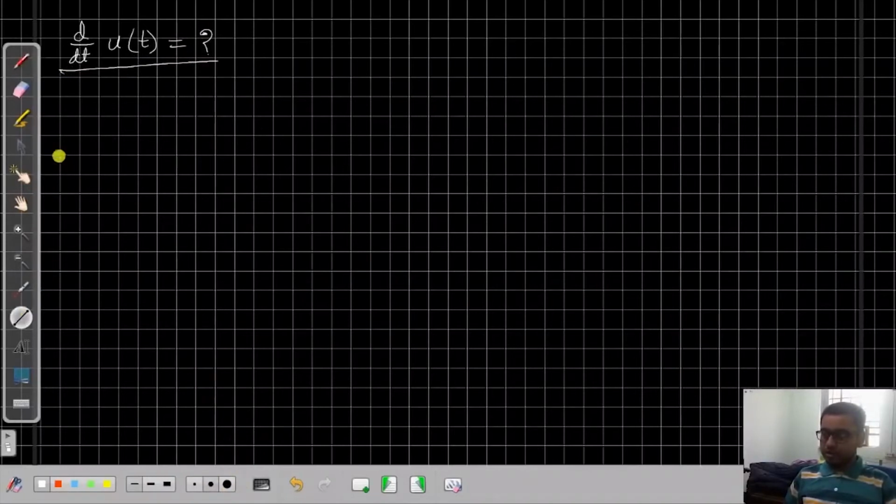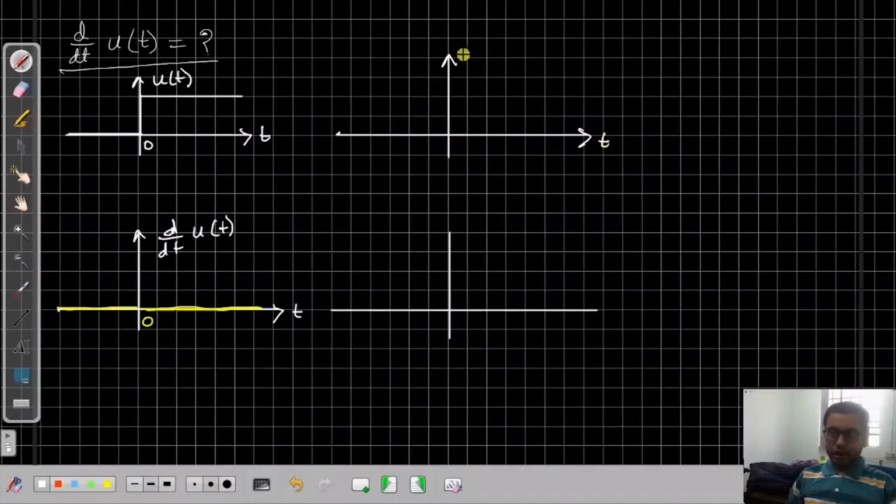Let me draw the step function. I shall draw an approximate u(t), which is not u(t), some approximate u(t), and which looks like this.